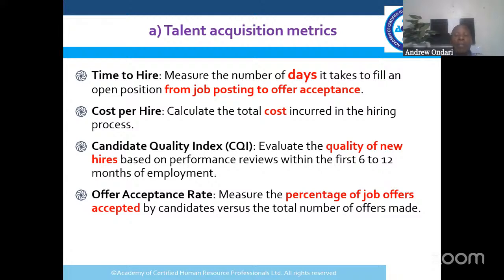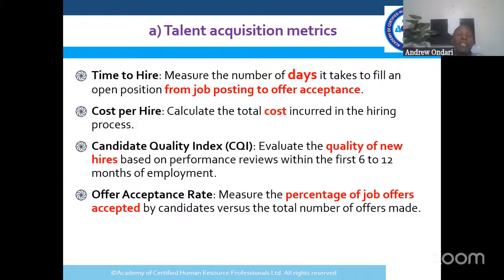Some go up to the fourth candidate, but I would think that the fourth candidate may not be the best for you. And when you look at the quality index, you may find that this person might not perform to expectations. So when the first, second, and third have declined the offer, it is usually advisable that you re-advertise so that you can get better candidates and in a competitive way. But if it works for you, because of the cost aspect, that is still acceptable.